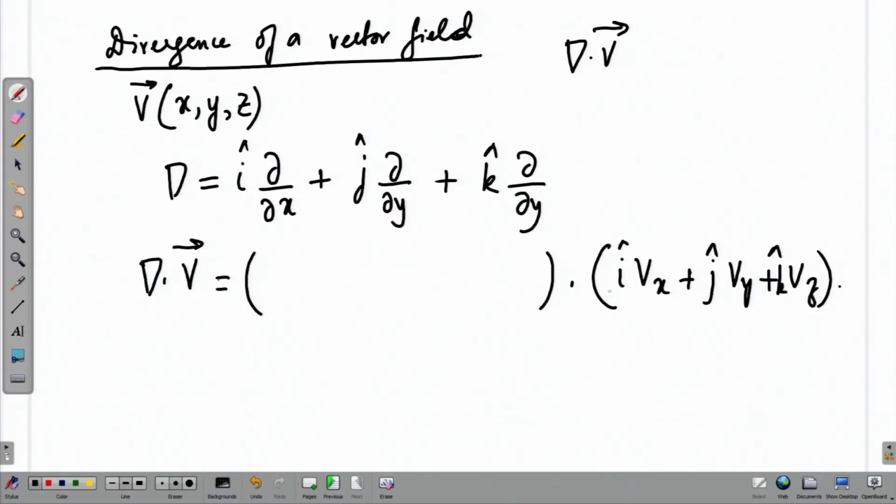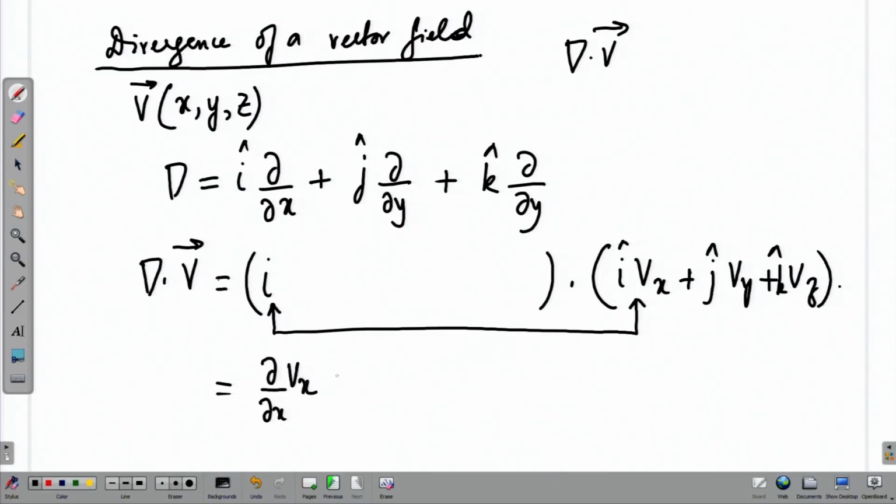Then, following the rules of dot product, a term in i will dot with another term in i, producing that component of the divergence of v. So, here that basically becomes del x of v x.